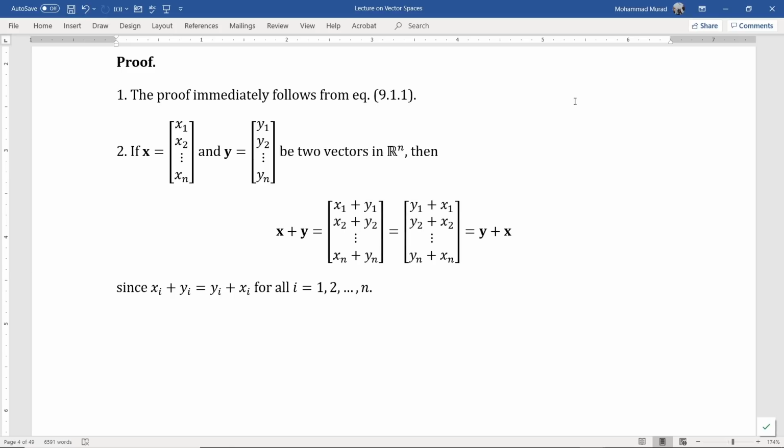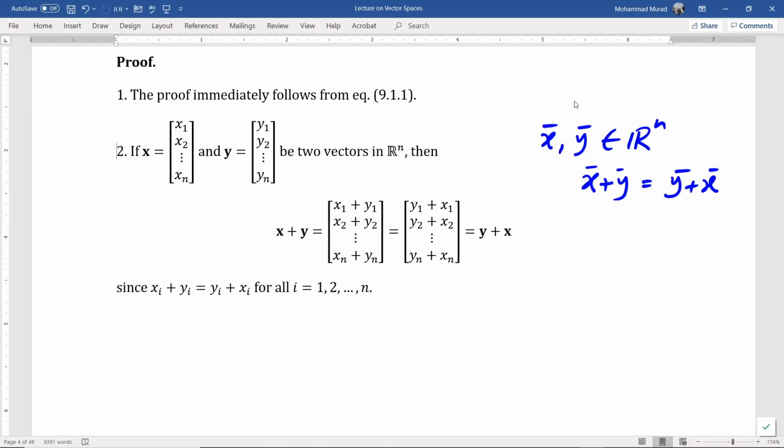Property 2. We want to show that if x and y are two vectors in Rn, then the sum is commutative, namely x plus y equals y plus x.